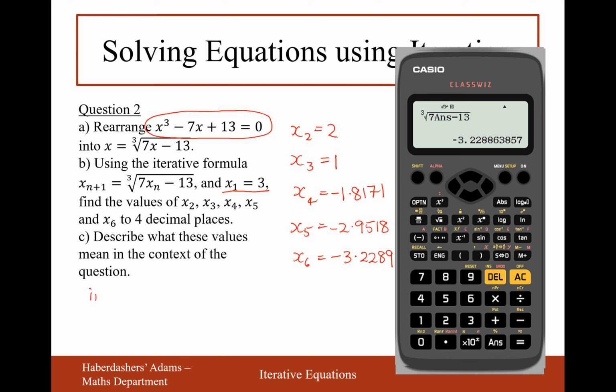So they are increasingly accurate solutions to the equation x cubed minus 7x plus 13 equals 0. There we are. So if you carried on pressing the equals button, you would get a more and more accurate answer to this equation up here.